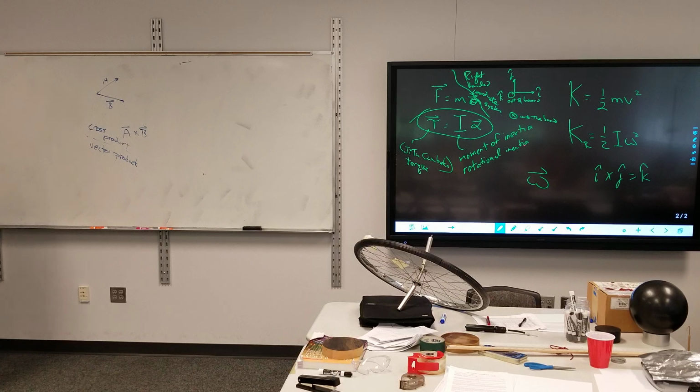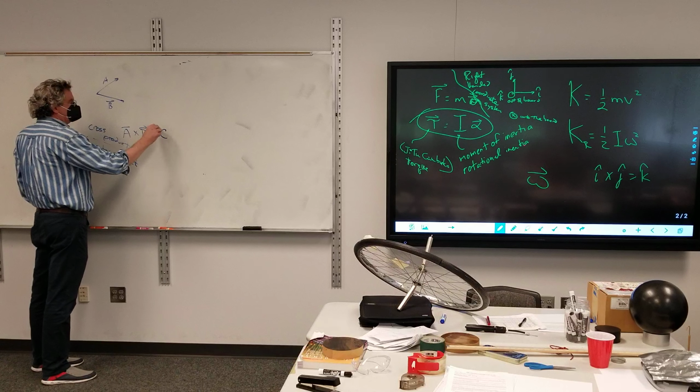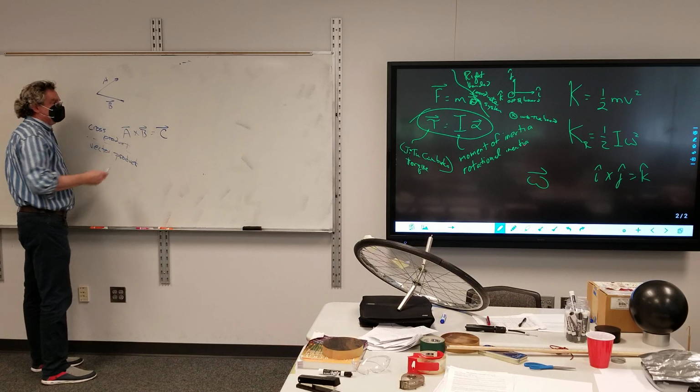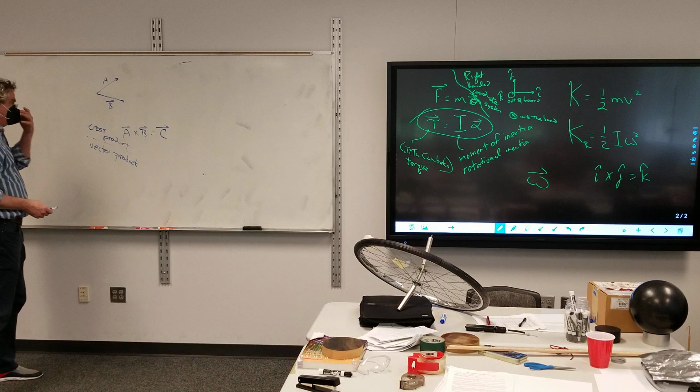For the purists in the group, it actually produces an axial vector or a pseudo vector instead of an actual vector, but the difference is nothing that we have to worry about in this class. So it's going to produce some vector. That means the answer has a magnitude and direction. Unlike dot products, which is a scalar product, this has a magnitude and direction.